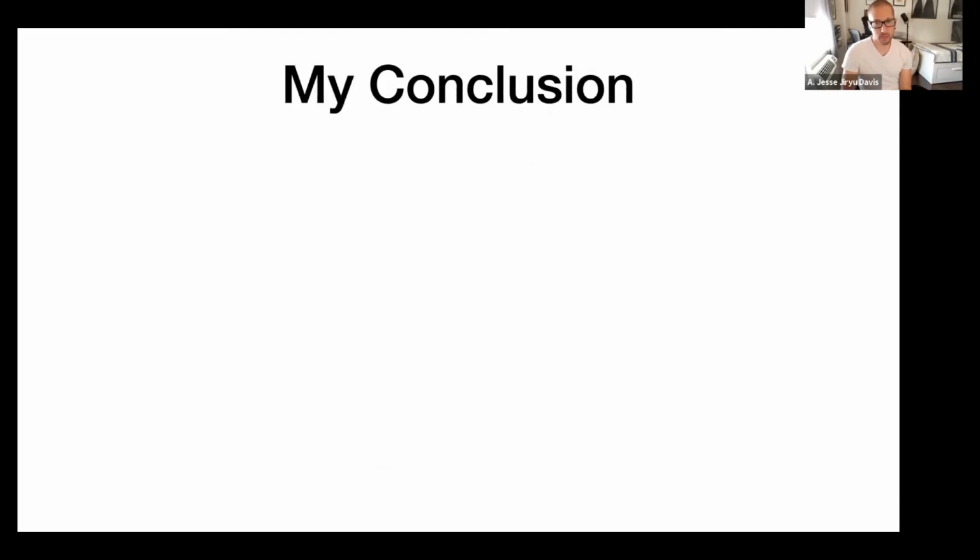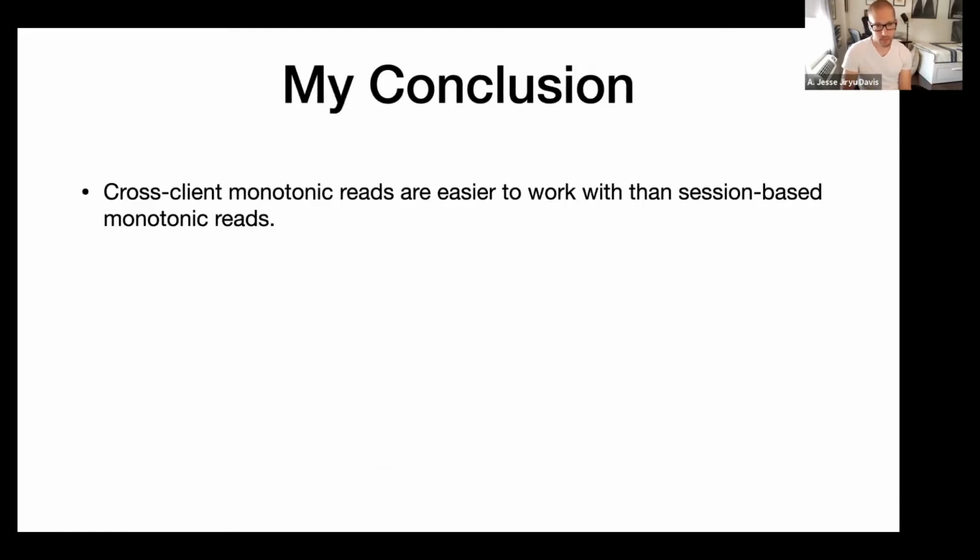My conclusion reading this paper is that cross-client monotonic reads are definitely easier to work with than session-based monotonic reads. We've talked about this in this group before, but session-based guarantees, like causal consistency with sessions, are pretty easy to implement, but very hard to use by multi-tier application architectures, because there it tends to be that the layer that talks to the database gets some query result, which then bubbles up through the layers.